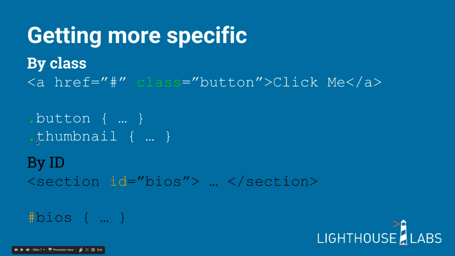So if you see a dot, say hypothetically, let's say we put button where there's BIOS. We just erased this and we wrote button instead. And then we have this in our CSS. This would be meaningless. This would not apply any style to this. Dot means class. Hash means ID.